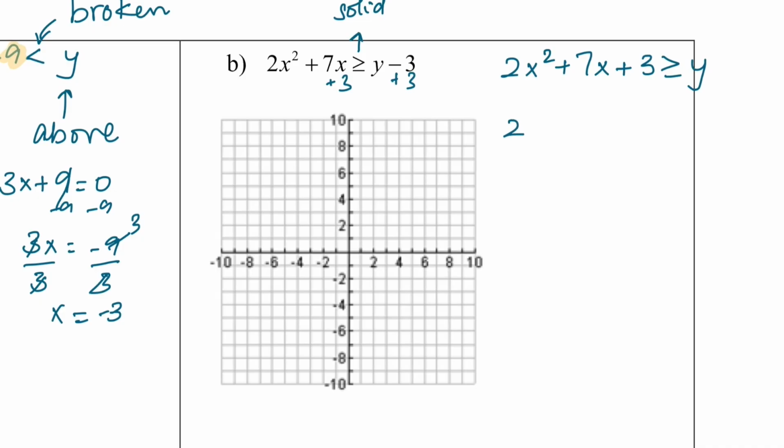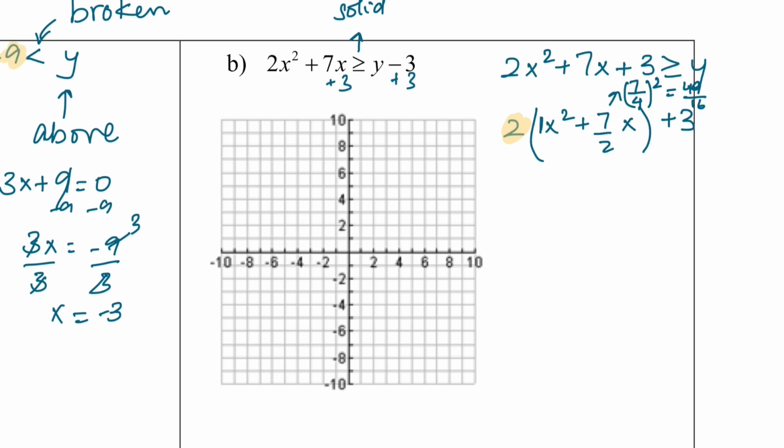So now you factor out the 2, so you have 2 times x squared plus 7 over 2 x. Leave the 3 as it is. And now you're going to do half of that. So 7 over 4 is going to be half, and square that. So 49 over 16. The reason why we factored the 2 is because we want the coefficient to be 1.